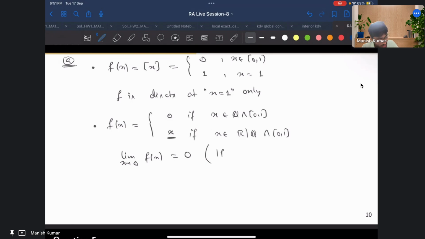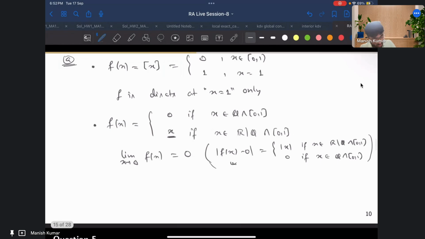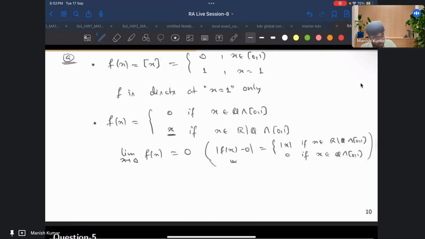So mod of f of x minus 0 will be equal to mod of x if x belongs to R minus Q intersection 0, 1, and it is 0 if x belongs to Q intersection 0, 1. This will be less than epsilon if I choose x sufficiently small. I think I have already discussed this, so there is no point discussing it again. Now you already know that f is equal to 0 at x equal to 0, right? Here you see.